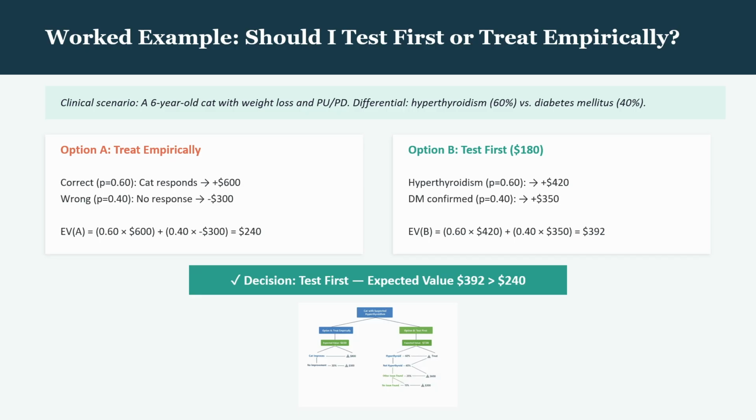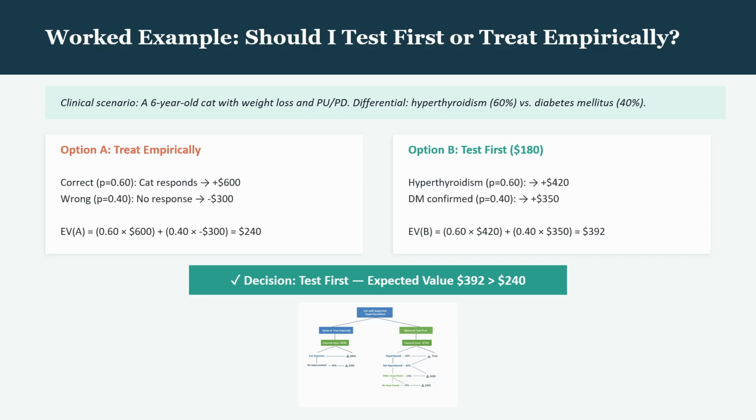Assign this a net loss of $300 for wasted treatment time, owner frustration, and delayed diagnosis. Expected value, 0.6 times 600 plus 0.4 times minus 300 equals 360 minus 120 equals $240.